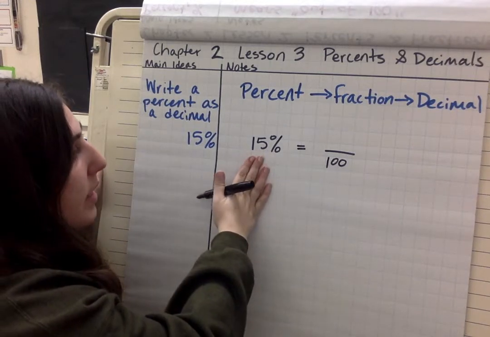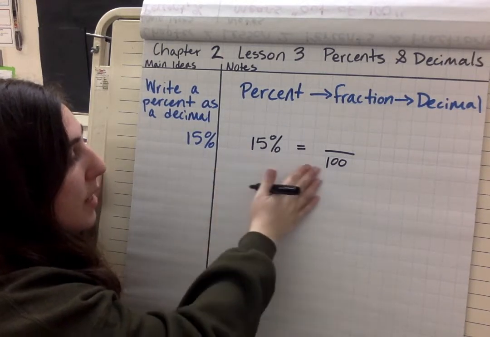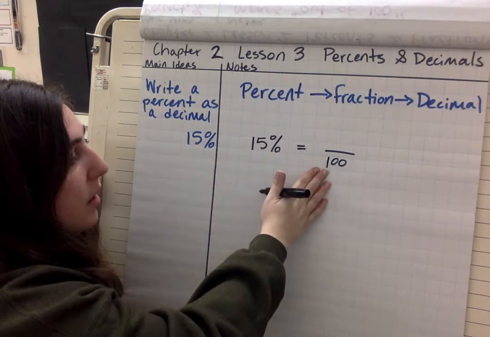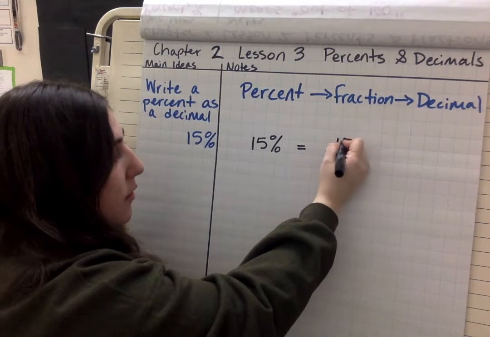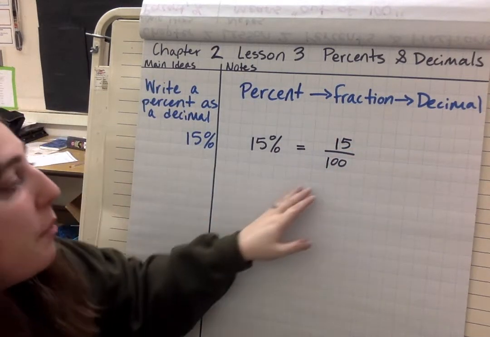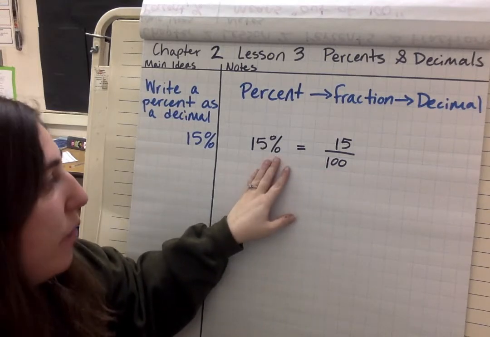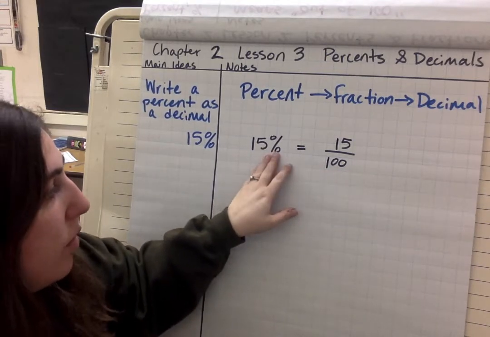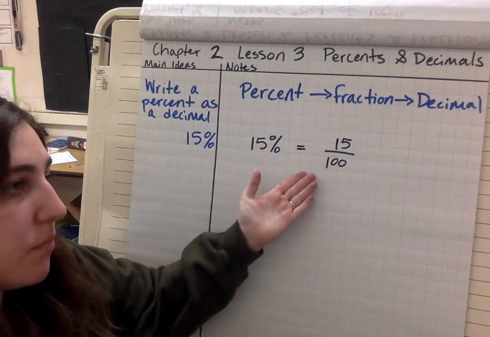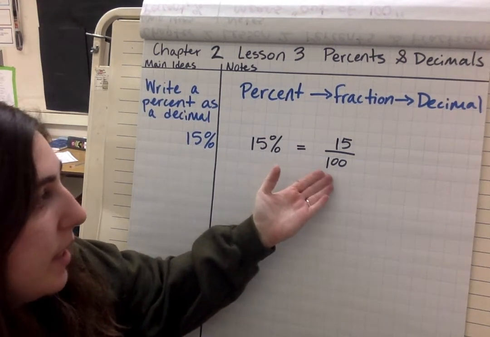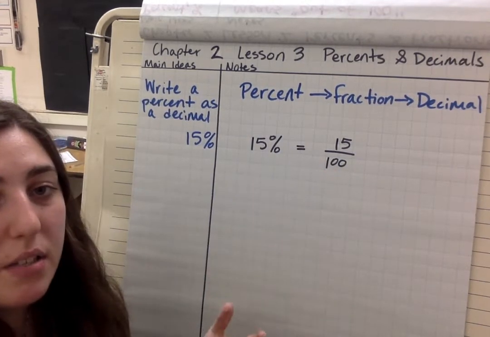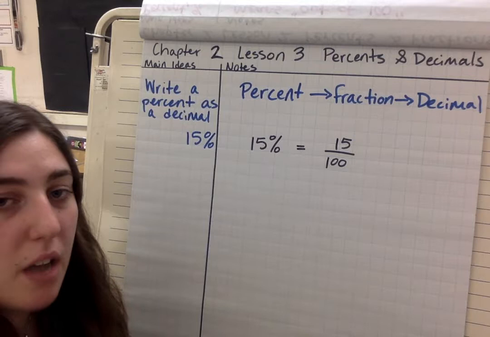Now I need to put this percent as a fraction. So 15% equals 15 out of 100. Okay? Remember, percent is just out of 100, so 15 out of 100. And here I have it written. To get from a fraction to a decimal, all you need to do is divide the numerator and the denominator.